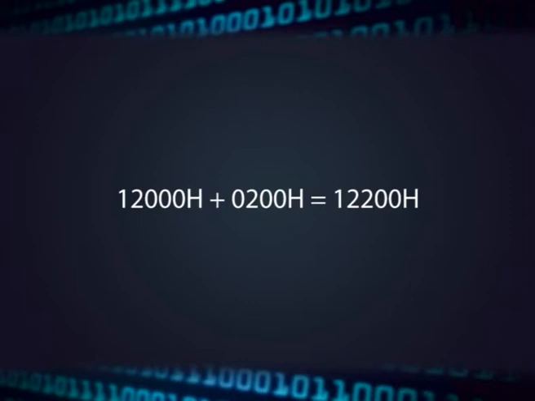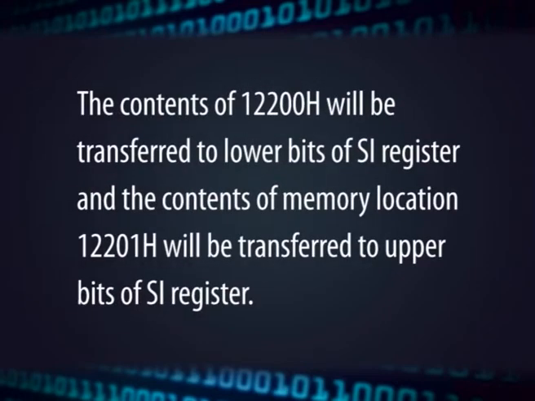Overall, when 200 is added, the effective address is 12,200 hex. The contents of 12,200 hex will be transferred to the lower bits of the SI register, and the contents of memory location 12,201 hex will be transferred to the upper bits of the SI register. So, this is how the instruction LDS works.